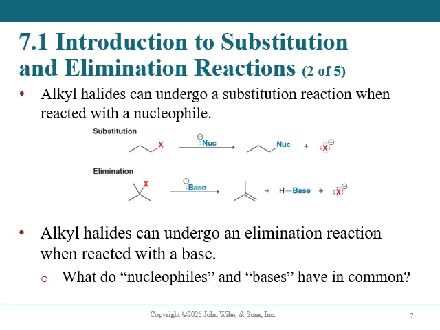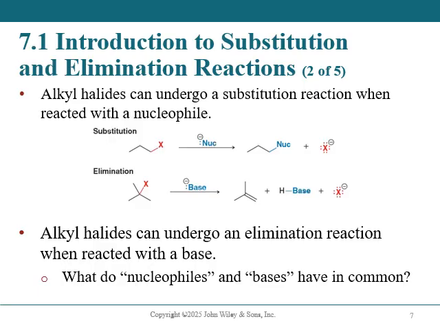Alkyl halides can undergo substitution reactions when reacted with a nucleophile, something with a lone pair of electrons, a negative charge, something that likes positive charges. That's where the nucleophile name comes from. Alkyl halides can also undergo elimination reactions when reacted with a base. Now, when you look at a nucleophile, the generic name, and you look at a base, what do you see in common?